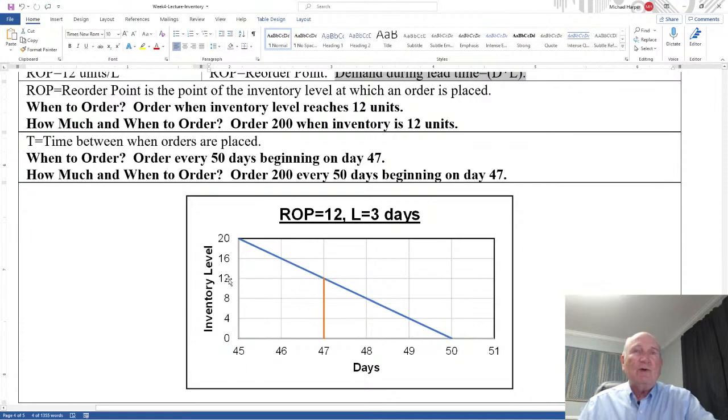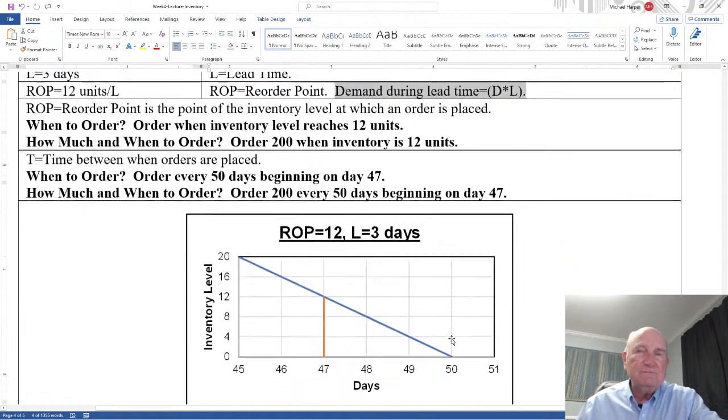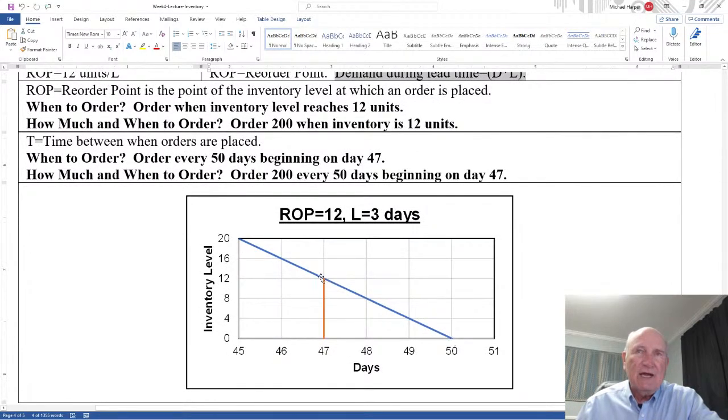So I know that when my inventory level is 12, if I place an order for 50, in 1, 2, 3 days it's coming in, then that's when I want to receive it. That's when I want to receive my next order of 200. Okay, I'm placing right here an order of 200 to be received on day 50. I come back 1, 2, 3 days.